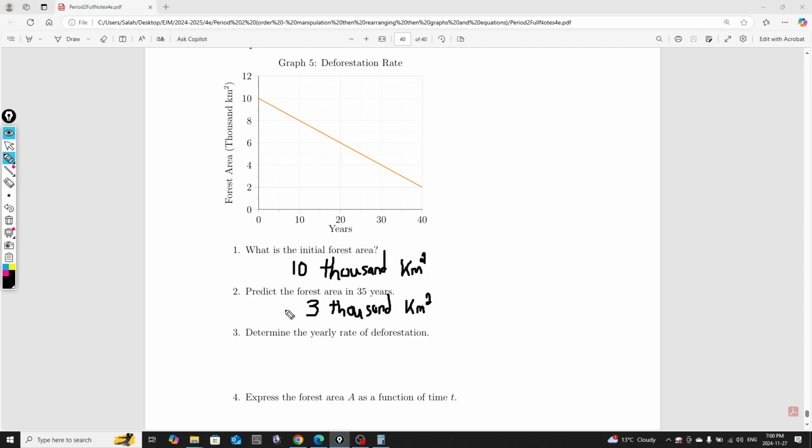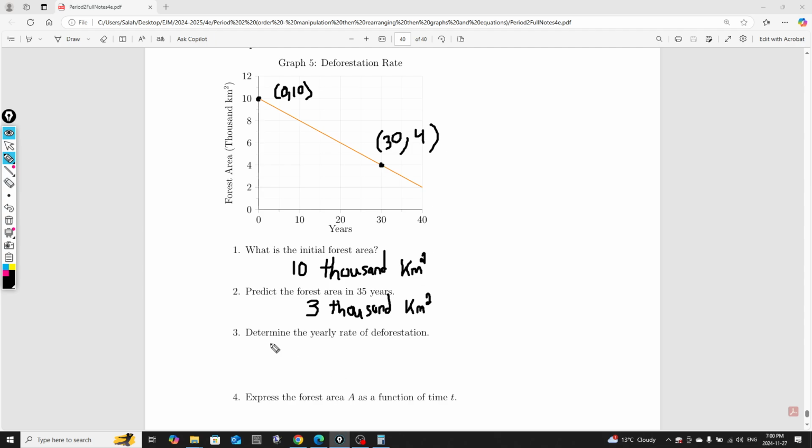Okay, determine the yearly rate of deforestation. So again, you're just going to pick out 2 points. Happily, we've got a nice initial point right here, 0, 10, and we've got this nice other point that we were asked about, which is 30. Oh no, we were asked about this point right here, 35. Doesn't matter. It looks like it goes nicely through 30 and 4.